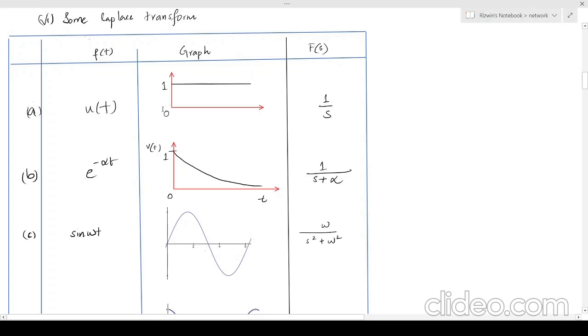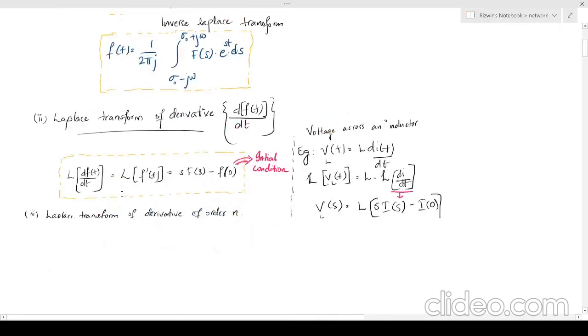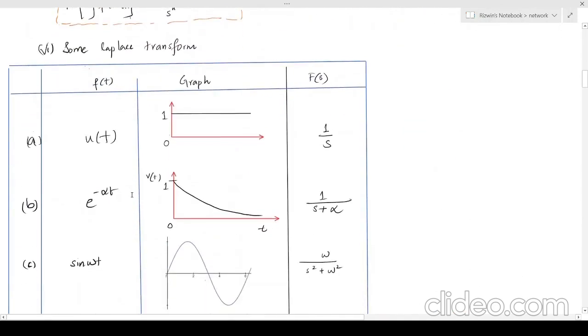As we all know, at t equal to or greater than 0, the output voltage will be 1, that is the unit step voltage, and if it has a magnitude of, say, E, then we denote it as E u of t.